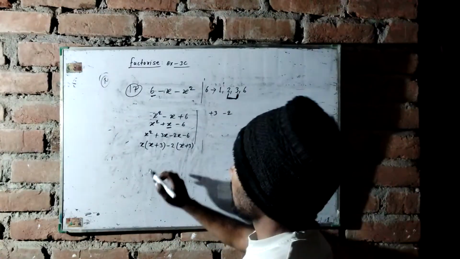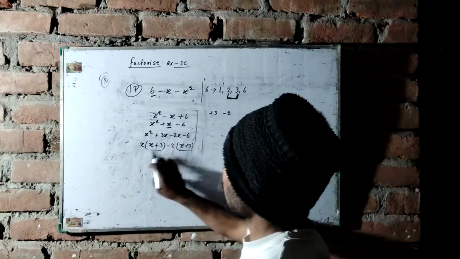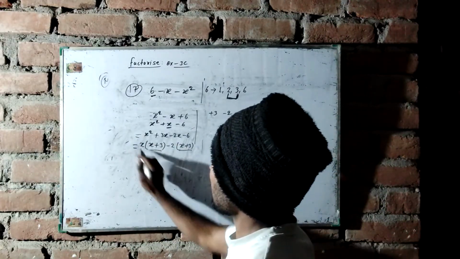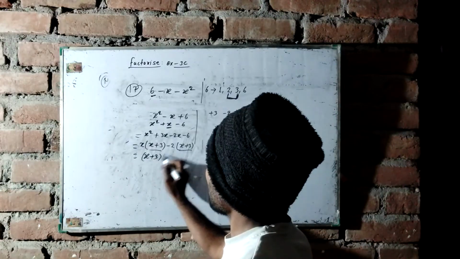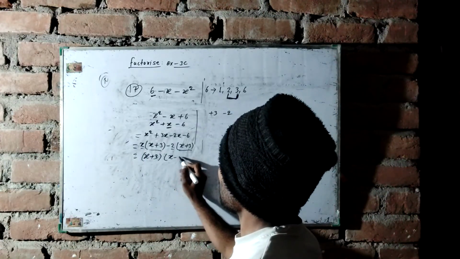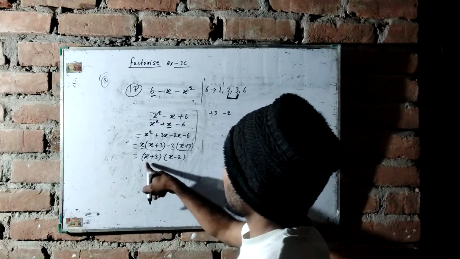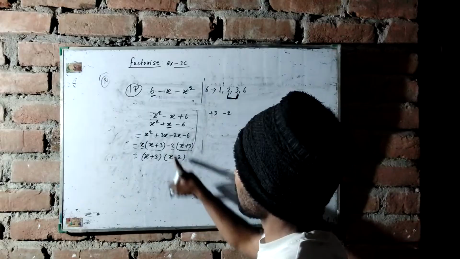We can see clearly x plus 3 is present in both terms, so we can take x plus 3 as a common factor and write x minus 2 as a multiple.